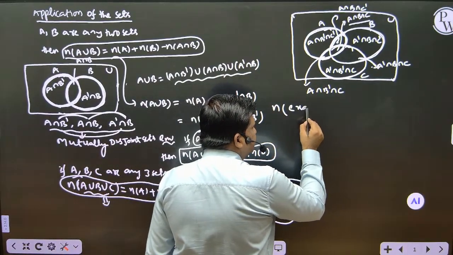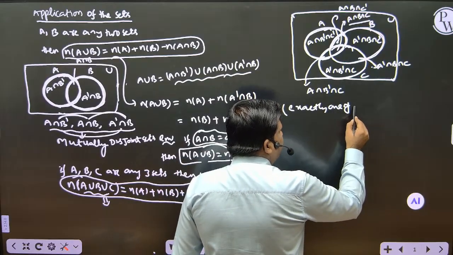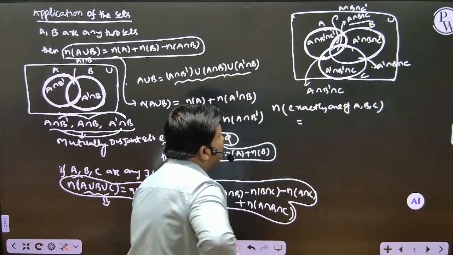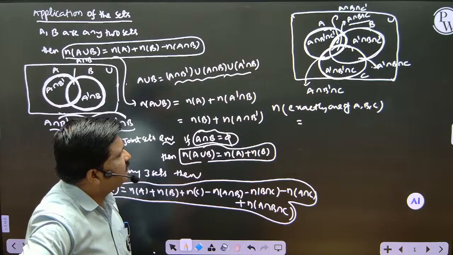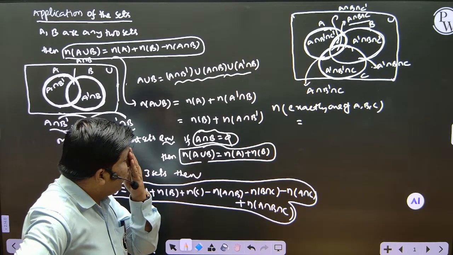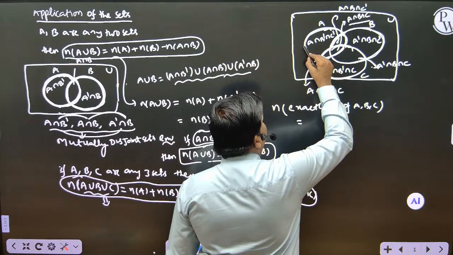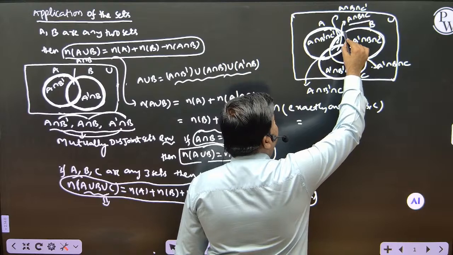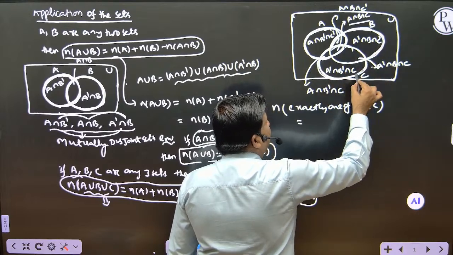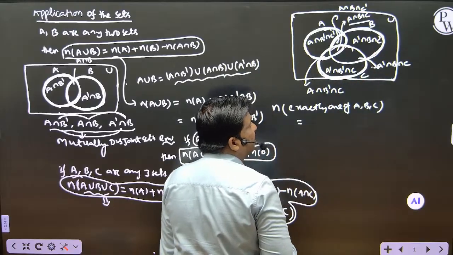Exactly one of a, b, c. What does exactly one of a, b, c give? It means either this one or this one or this one. Only these parts give exactly one of a, b, c.